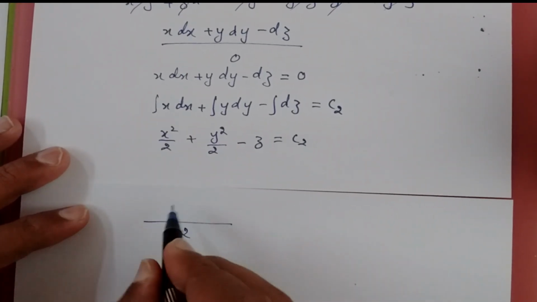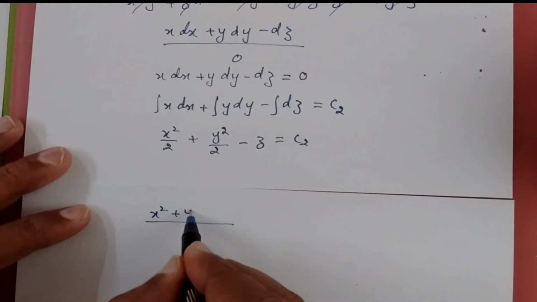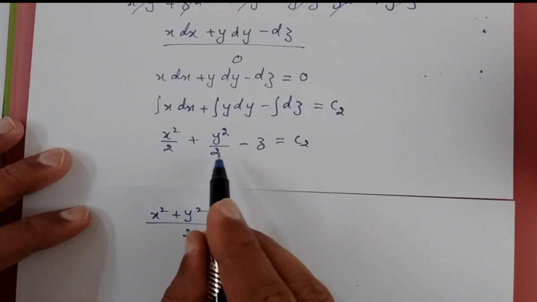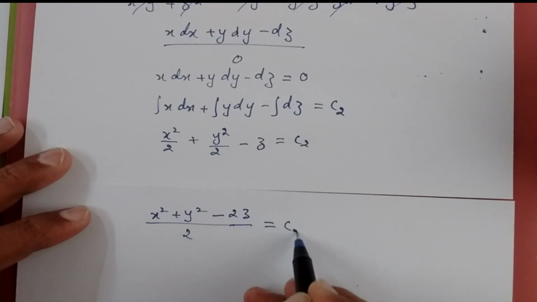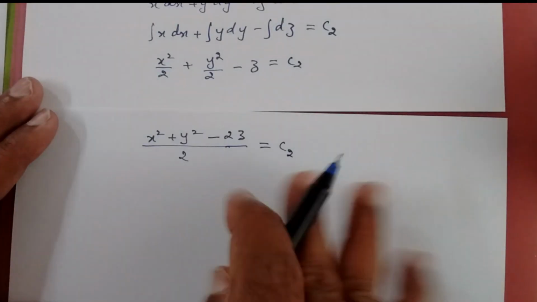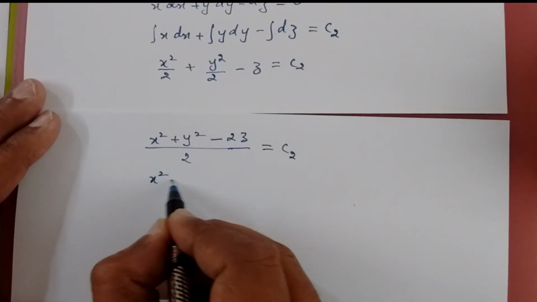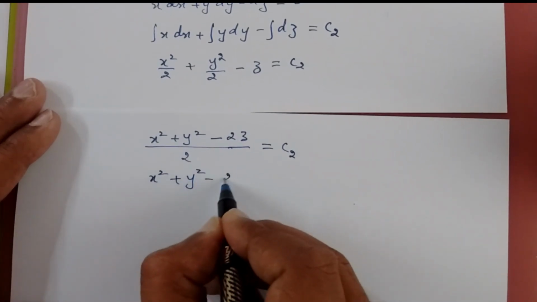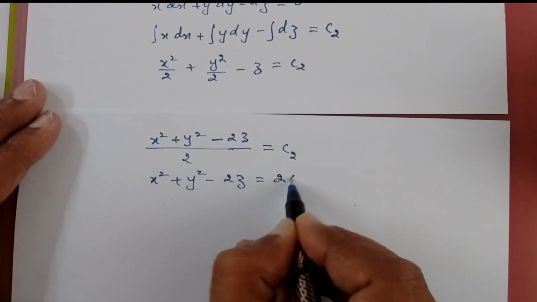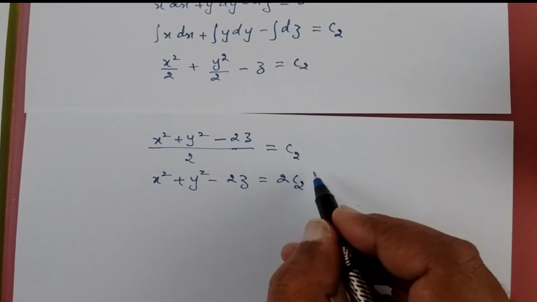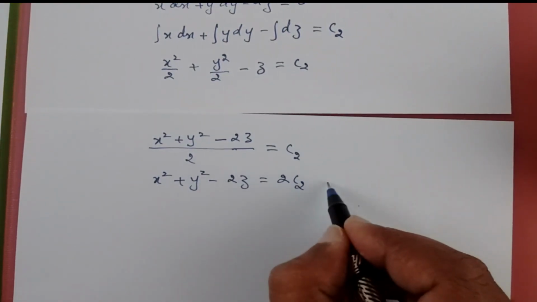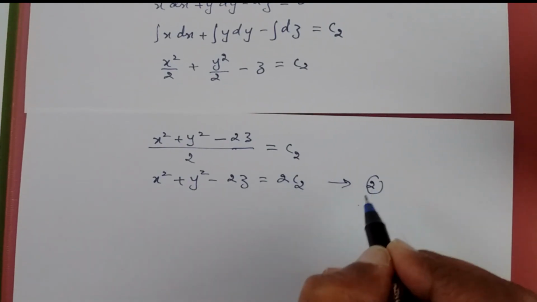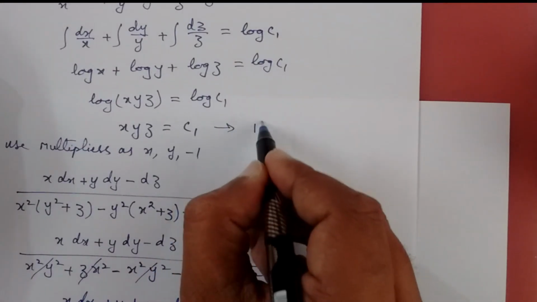LCM is 2, so that becomes x square plus y square minus, just multiply the 2, so you'll get 2z is equal to c2. Or if we cross multiply the 2 on the other side, it becomes x square plus y square minus 2z is equal to 2 times c2. Well, that's the next solution you got. Let us take this as equation number 2. This is equation number 1.